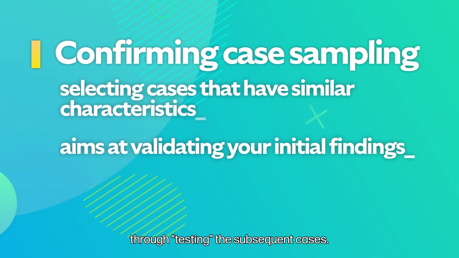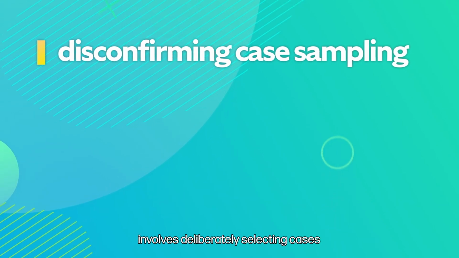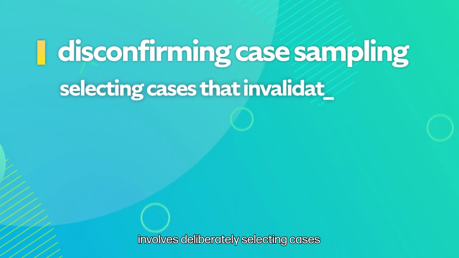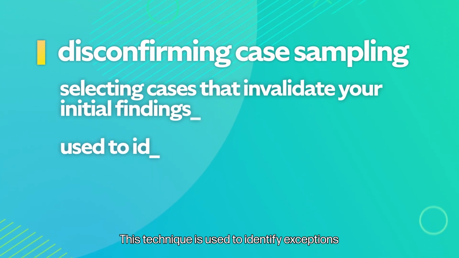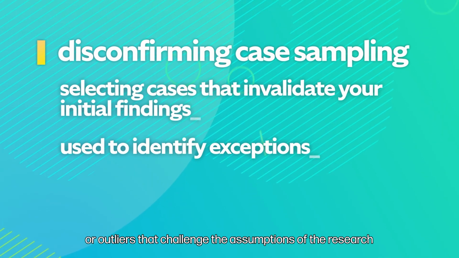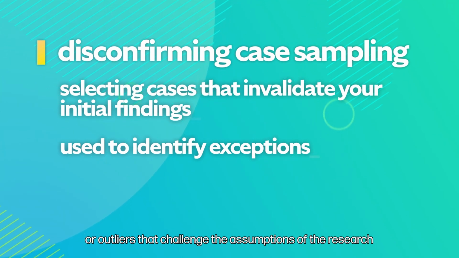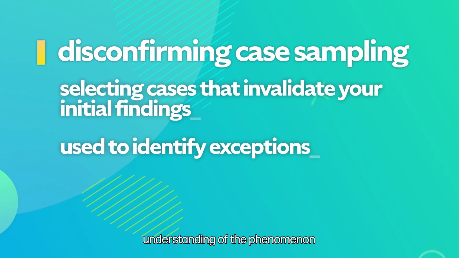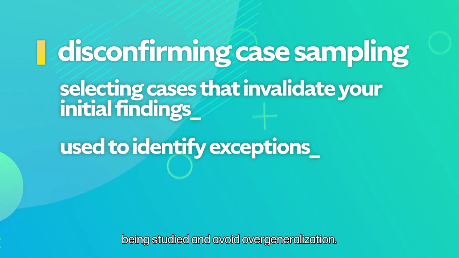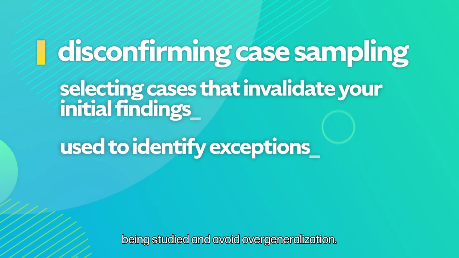the subsequent cases. In contrast, disconfirming case sampling involves deliberately selecting cases that invalidate your initial finding. This technique is to identify exceptions or outliers that challenge the assumptions of your research, so that you can gain a more comprehensive understanding of the phenomenon being studied and avoid overgeneralization.